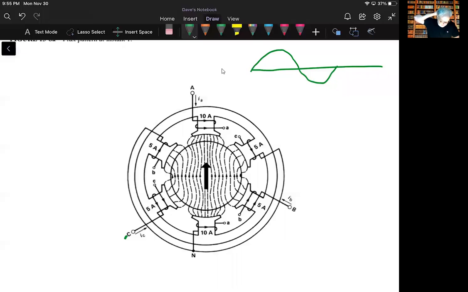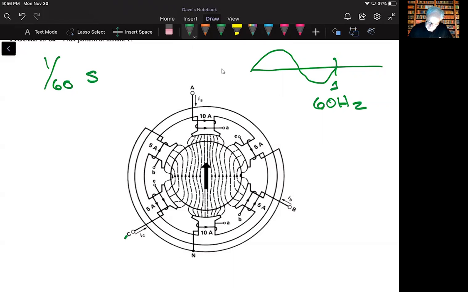And of course, we talk about that duration of one cycle in terms of the frequency, right? So if this was 1 second, this would have a frequency of 1 hertz. If this was 60 hertz, we'd see 60 of these cycles in 1 second. So if the frequency is 60 hertz, the resulting field makes a turn in 1/60th of a second.